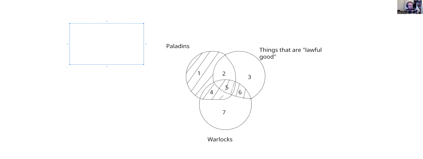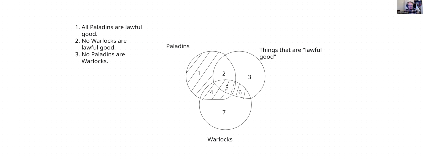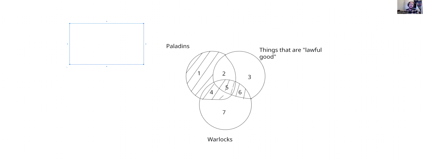Okay, so let's talk about the validity of this argument. So given what we've drawn, remember, we do not draw the conclusion. We just look at the conclusion and we go, okay, is this guaranteed to be true given these relations between the categories? If it is guaranteed to be true, then the argument is valid. If it is not guaranteed to be true, if there's some way to put it together where maybe you do get a paladin that's a warlock, then the argument is invalid, right?